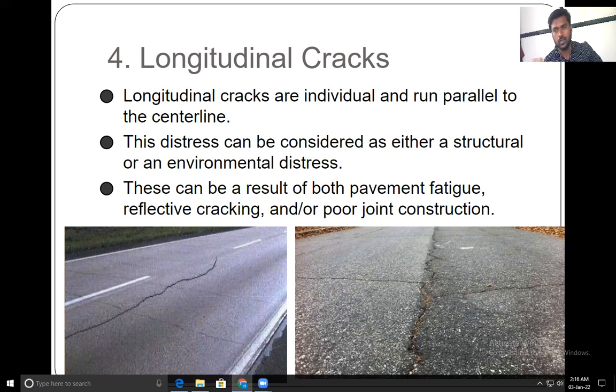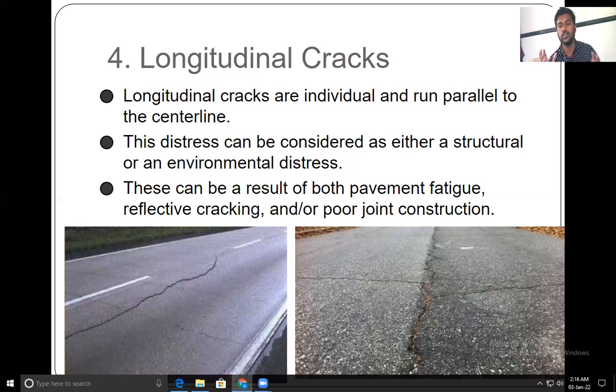You can see in the figure, it is produced along the length of the road in the longitudinal direction. So it is named as the longitudinal cracks. Longitudinal cracks are individual and run parallel to the center line. This distress can be considered as either a structural or an environmental distress.